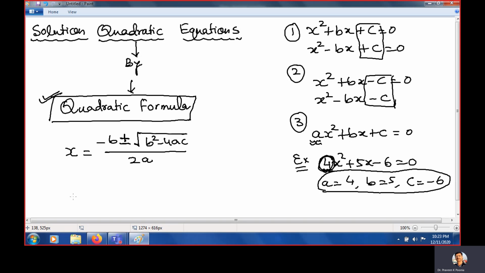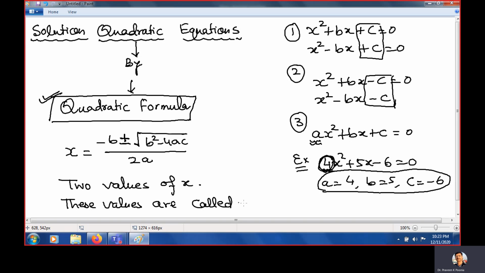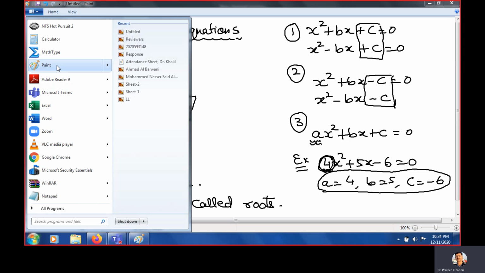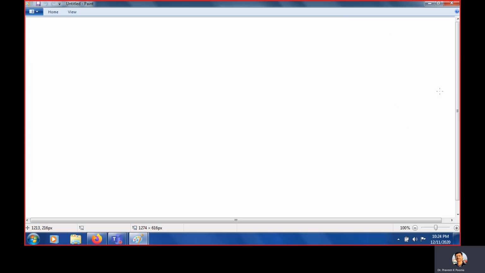You will get two values of x, and these values are called roots. You can understand this with the help of a quadratic equation.